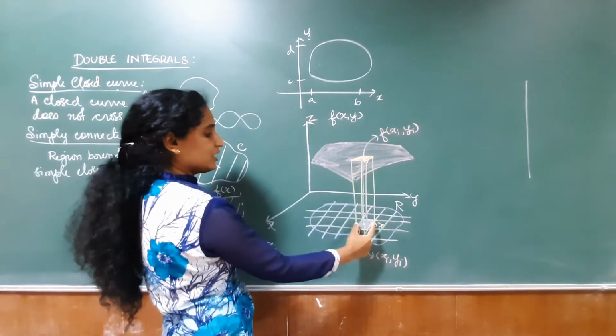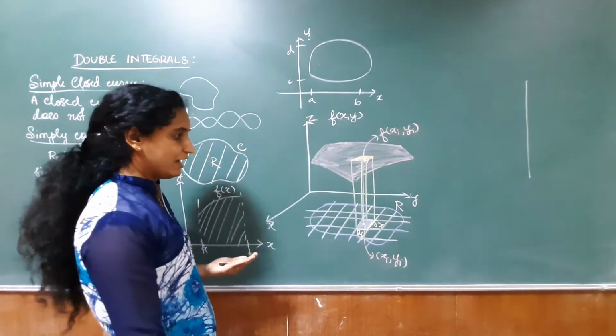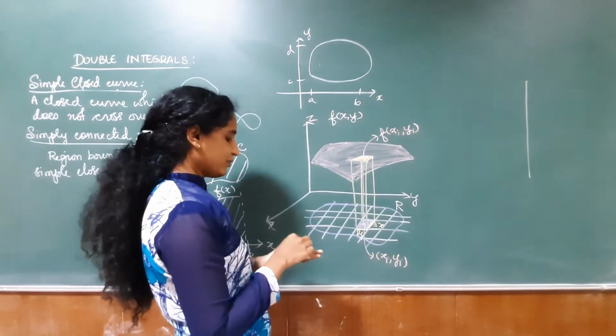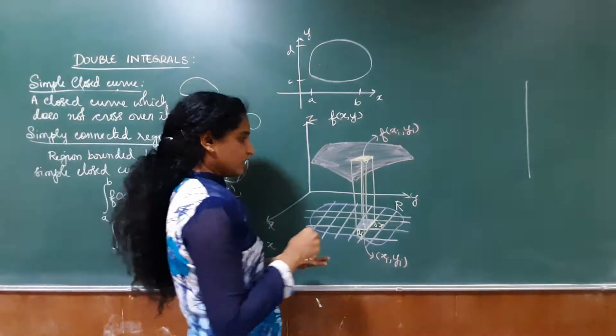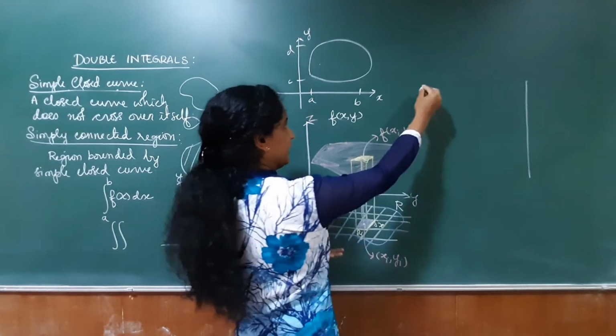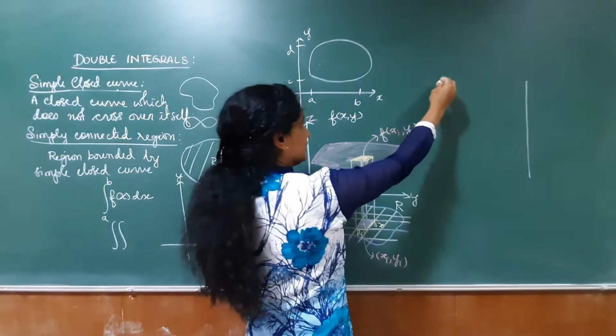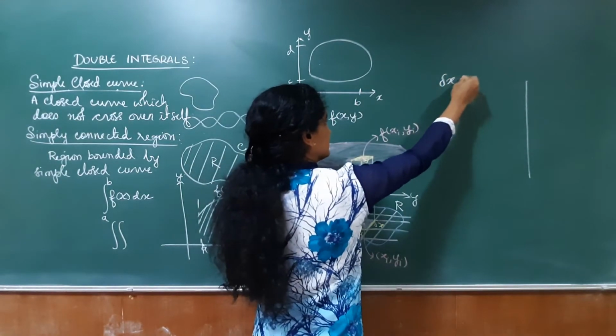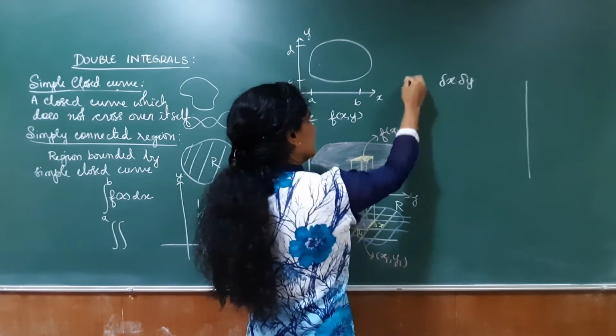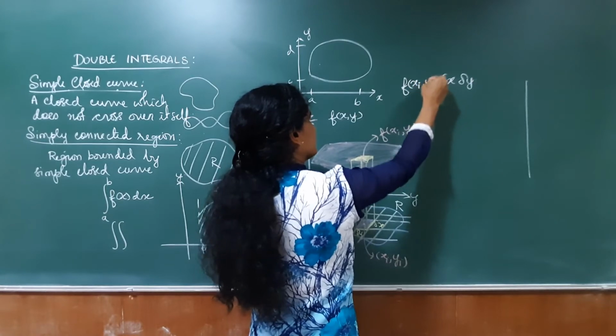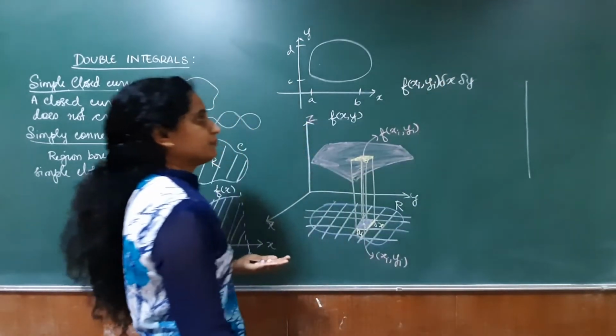Now I can find the volume of one such parallelepiped. What is the volume of the parallelepiped now? The volume of this one parallelepiped is nothing but length into breadth into height. Therefore, length is delta x, breadth is delta y, and the height is f(xi, yi).